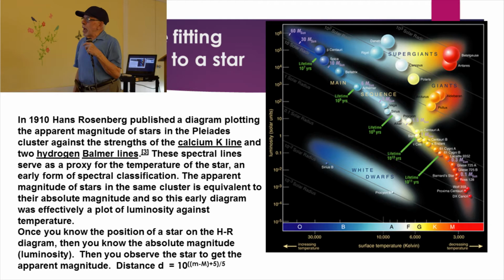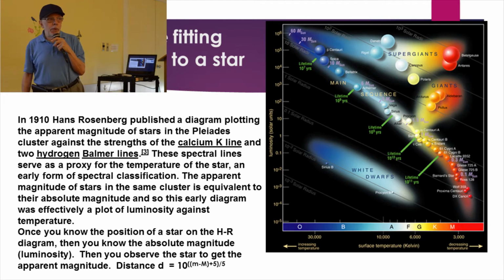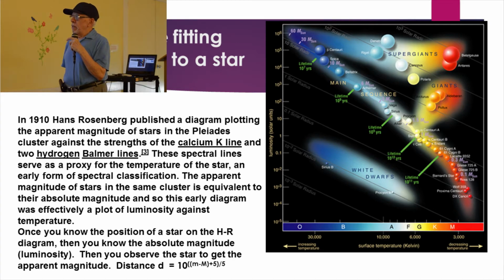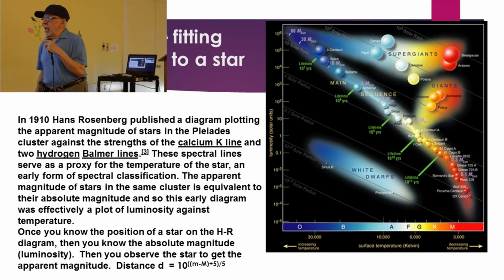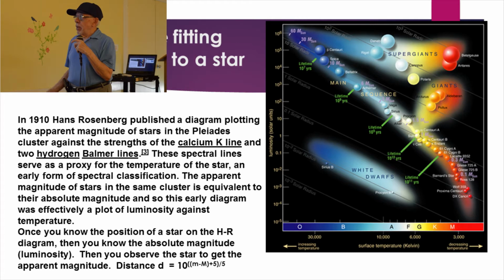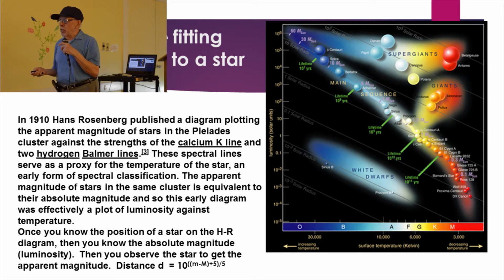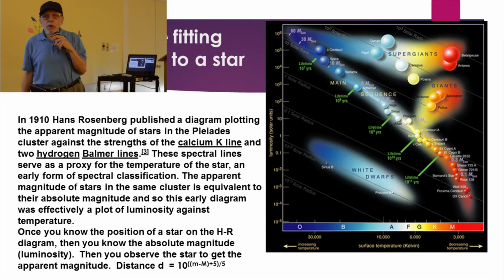We can figure out what the absolute magnitude of those stars is, okay? If we get the absolute magnitude and we look at the star and get the apparent magnitude, then the distance can be found using this formula, where lowercase m is the apparent magnitude, uppercase M is the absolute magnitude. Very straightforward.